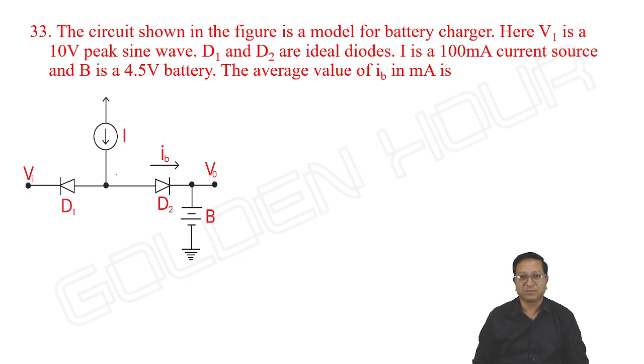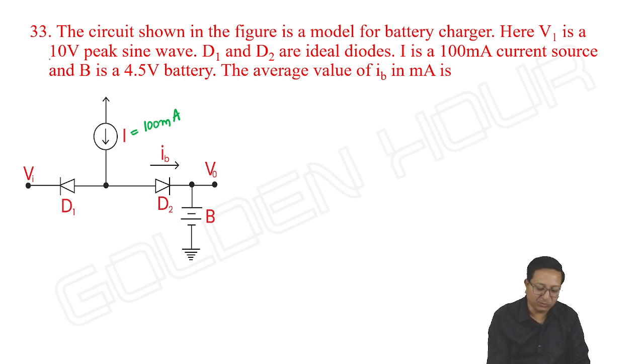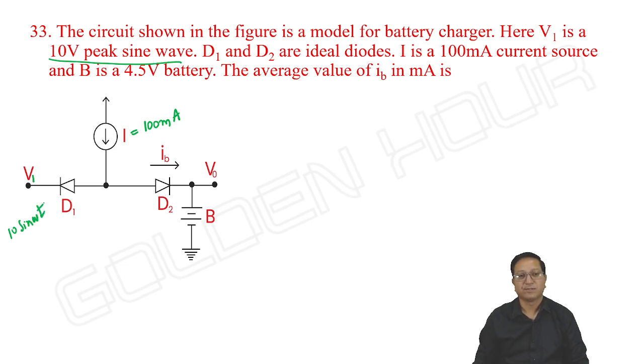How do we do this? I is 0.1 amperes current source, V1 is a 10 volts peak sine wave, V1 equals 10 sin omega t, and battery B has a value of 4.5 volts.